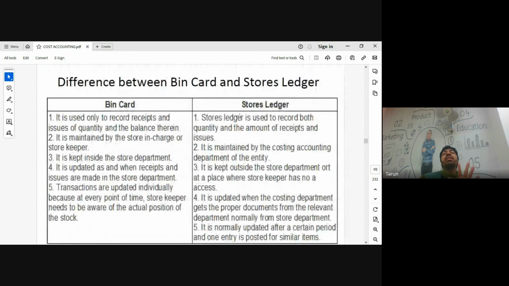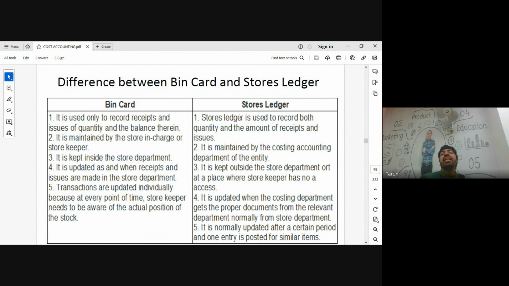So the next point is how you distinguish, how you differentiate the bin card and the store ledger. These are the particular differences. The bin card always records the quantities. The store ledger not only records the quantity but also records the particular amount of each receiving or issuing of materials, in rupees.